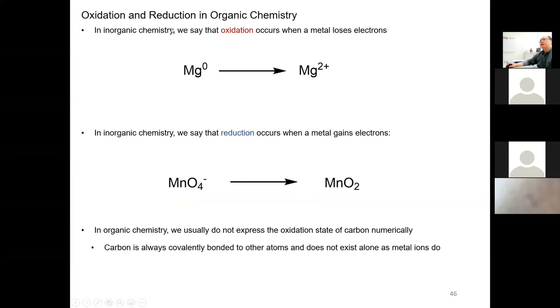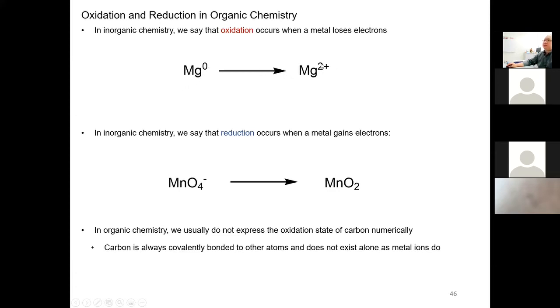So in inorganic chemistry, as some of you have learned, we say oxidation occurs when a metal loses electrons, okay? So if you react magnesium 0, and you get magnesium 2+, like magnesium chloride, then you say it's oxidized because the metal, the magnesium, loses electrons.